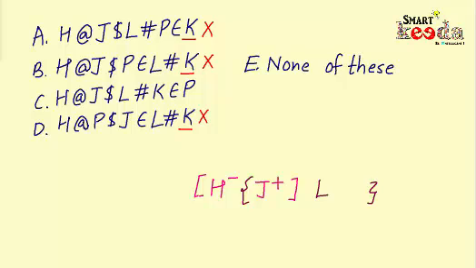Next link is L#K, which means L is daughter of K. So we can put a minus sign on L as she is a daughter.